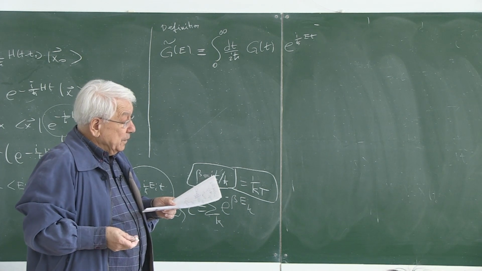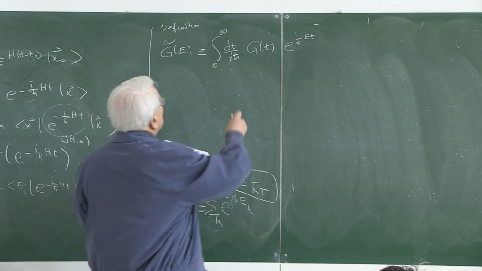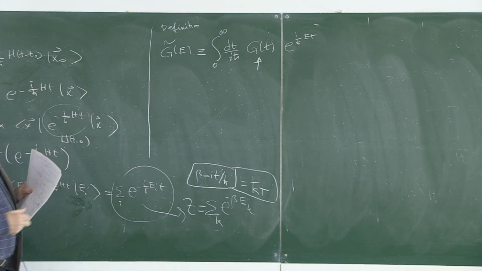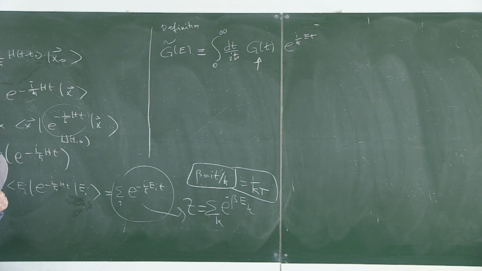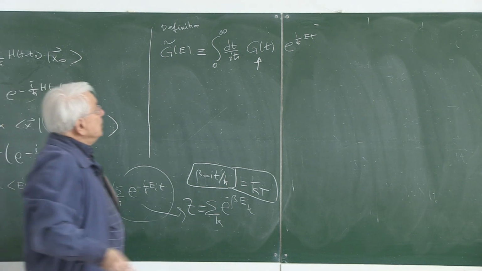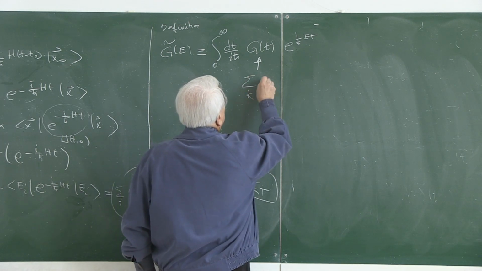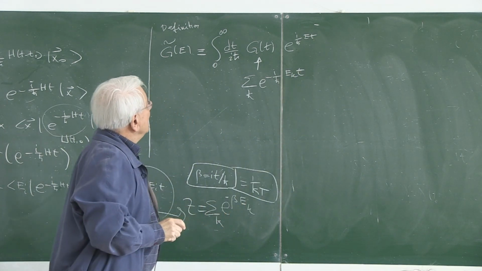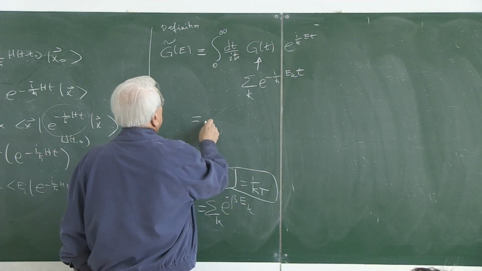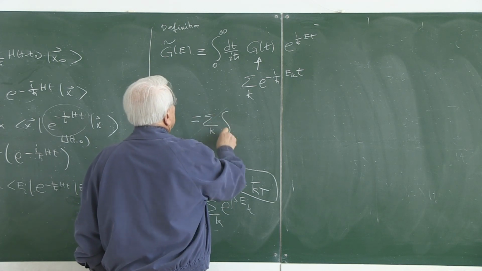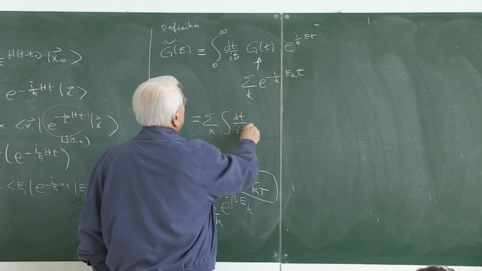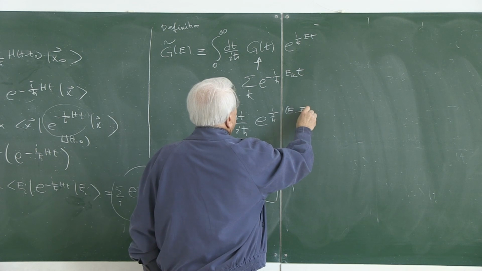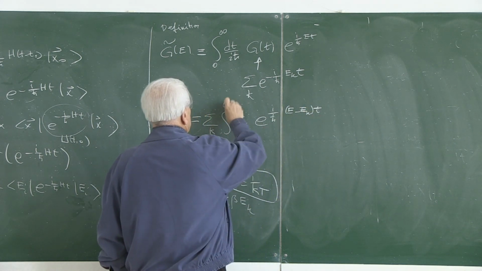So if I substitute G(t) written in the energy representation, as the trace is independent of the representation, I use this expression, sum over k of e to the i over h bar E_k t. So what do I get? I get the following: sum over k, dt over i h bar, e to the i over h bar (E minus E_k) t, integral 0 to infinity.